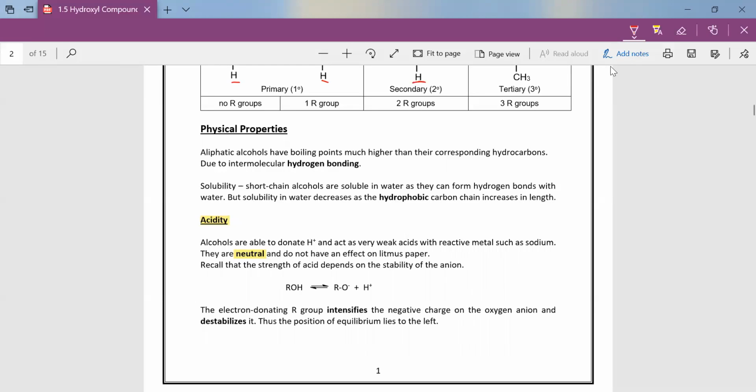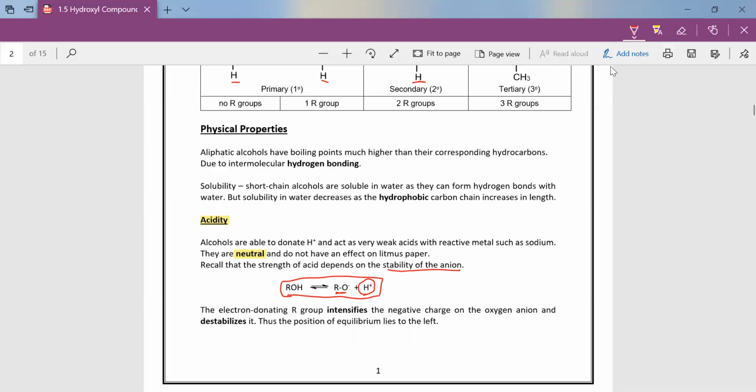If you look at this equation, you would remember that the strength of an acid depends on the availability of the H plus, being able to donate an H plus, or you can talk about the stability of the anion. Basically, how willing it is to dissociate, give out the H plus and become an anion.